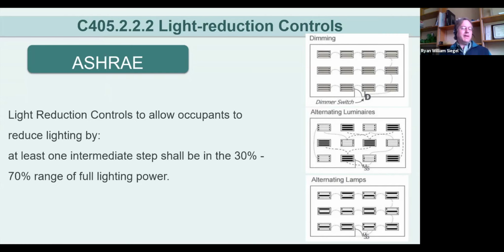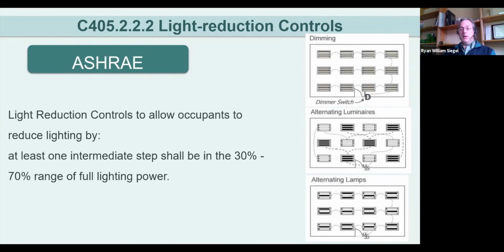Ashrae here has specified that you have to have at least one intermediate step between 30 and 70%. That's one thing IECC, and maybe this will be cleaned up in the future, says: it has to be reduced by at least 50%.